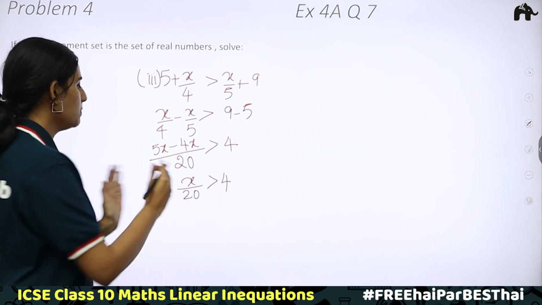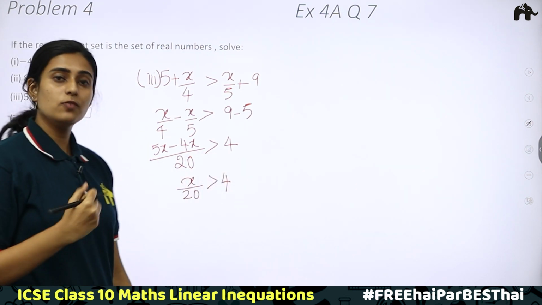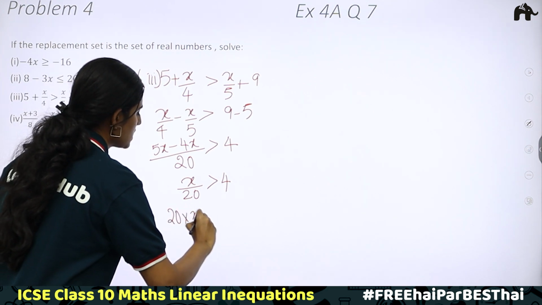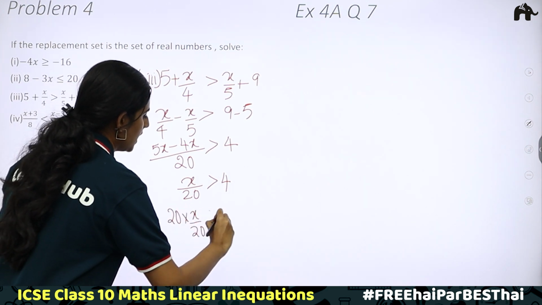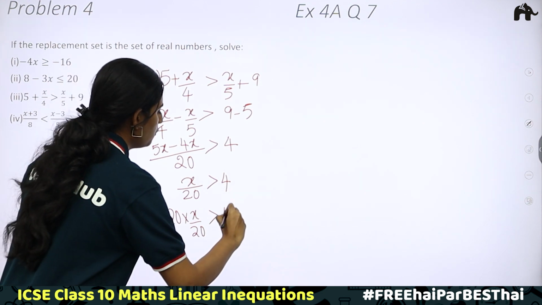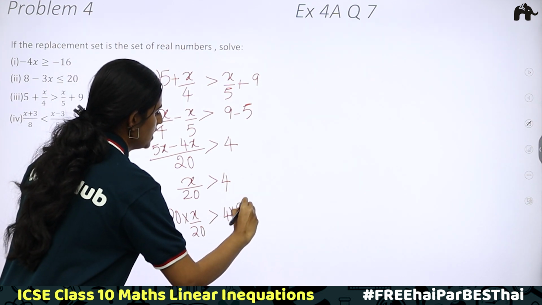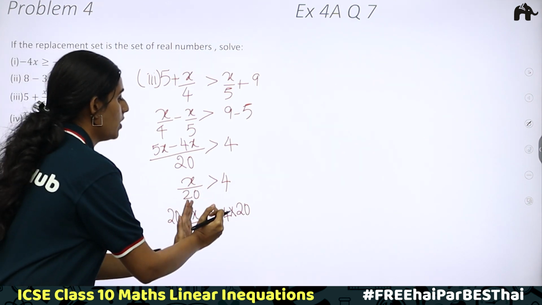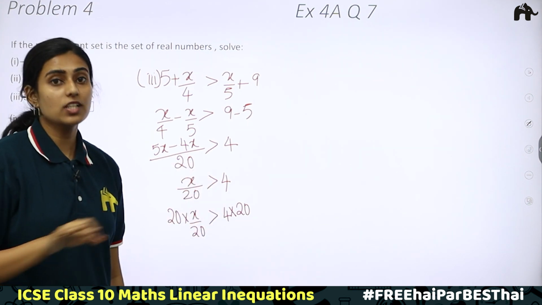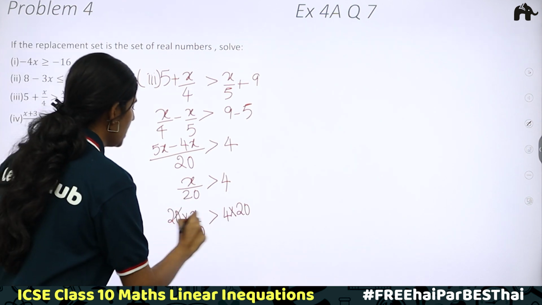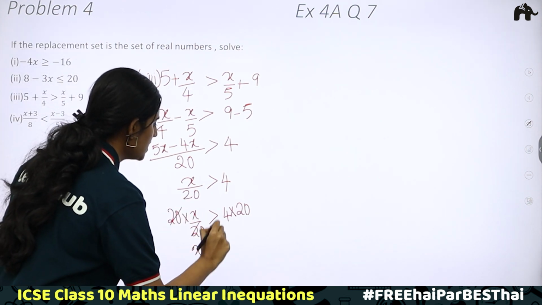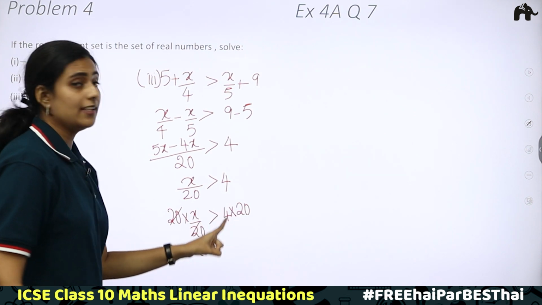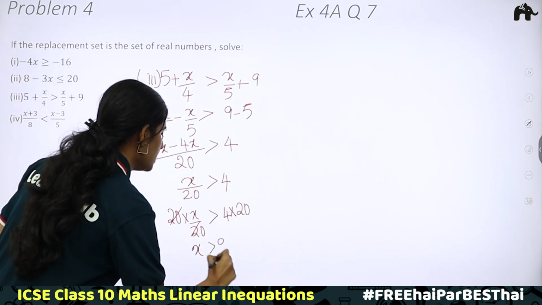Now, multiplying on both sides by 20: 20 into x by 20 greater than 4 into 20. 20 is a positive number, therefore the inequality remains the same. There is no reversing of the inequality. Cancelling 20, we get x greater than 20 into 4, which is 80.